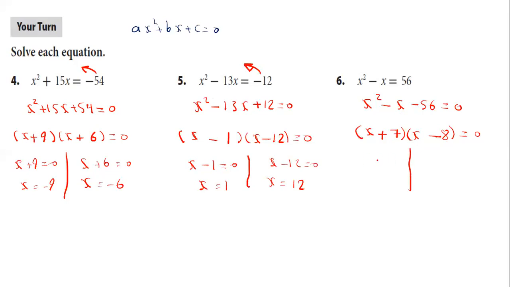Now, we use the zero product property: x plus 7 equals 0, so x equals -7. And x equals 8.